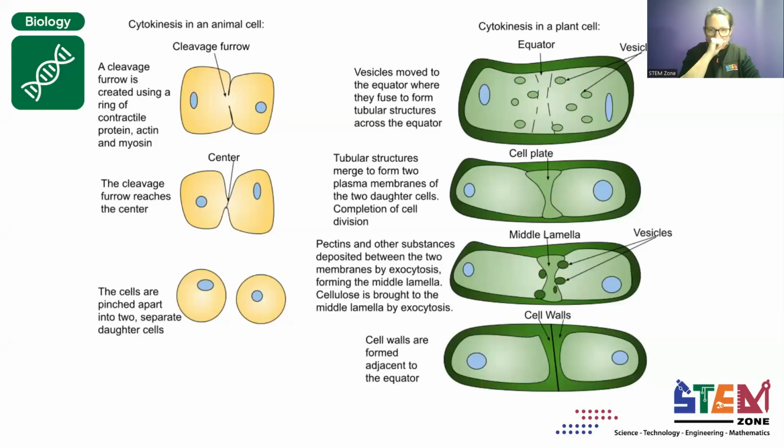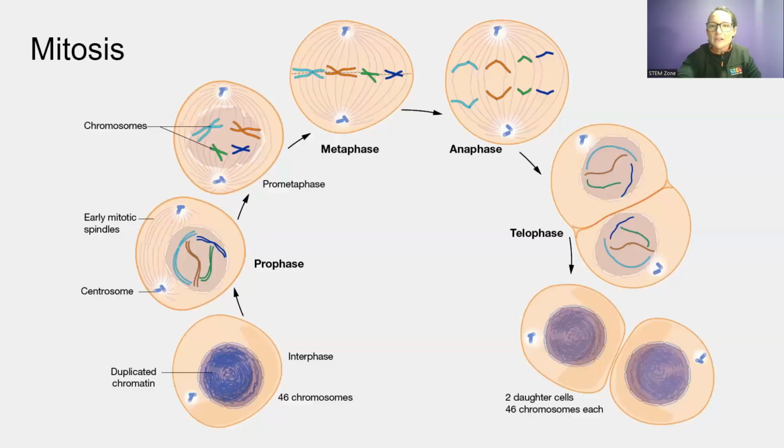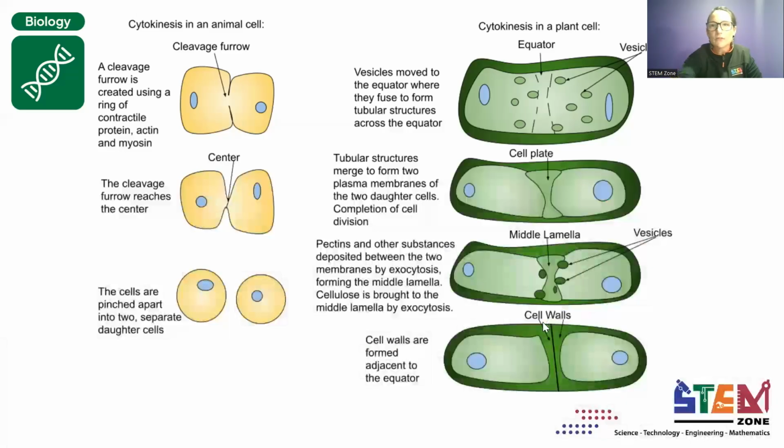Just lastly, if we think about eukaryotes, within that category you've got fungi and you've got plants. In plants, as an example you probably would have talked about in class, there's a slightly different process because they don't just have that cell membrane where cytokinesis occurs and you've got these two new daughter cells. When you're talking about plant cells, you've also got a cell wall that needs to form.